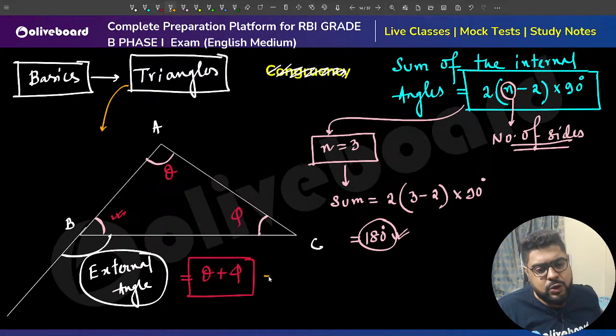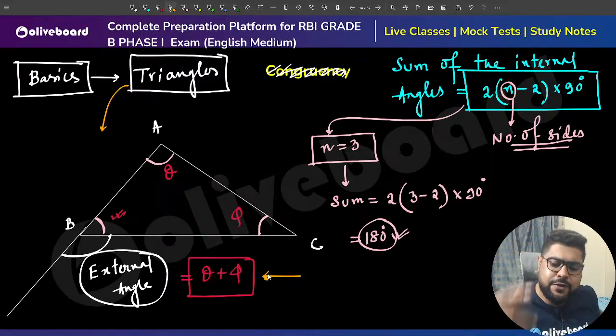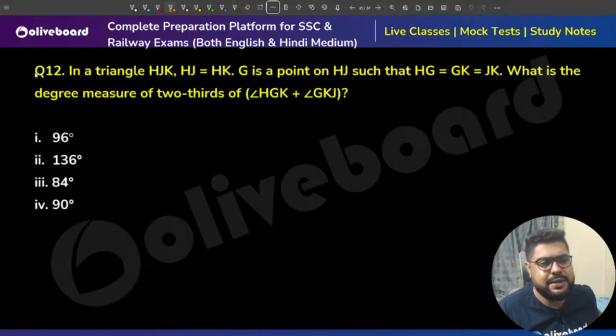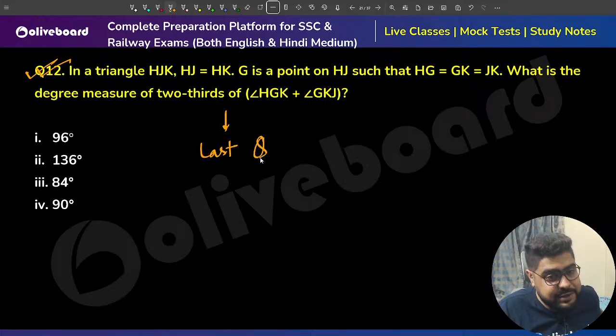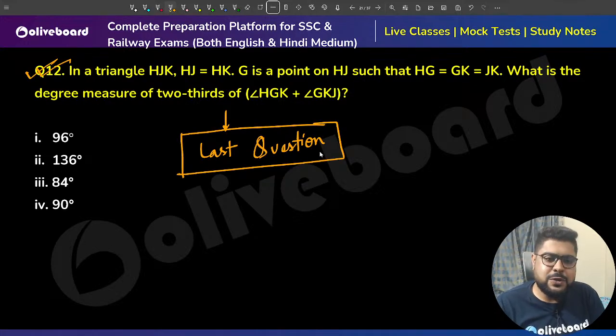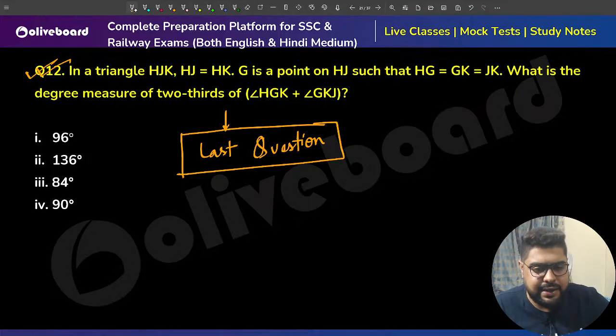Achha. So these two things we have done, and we have solved a few questions. The last question that we have solved is this one. I've just checked this. So this was the last question. Extremely sorry, I completely messed it up.